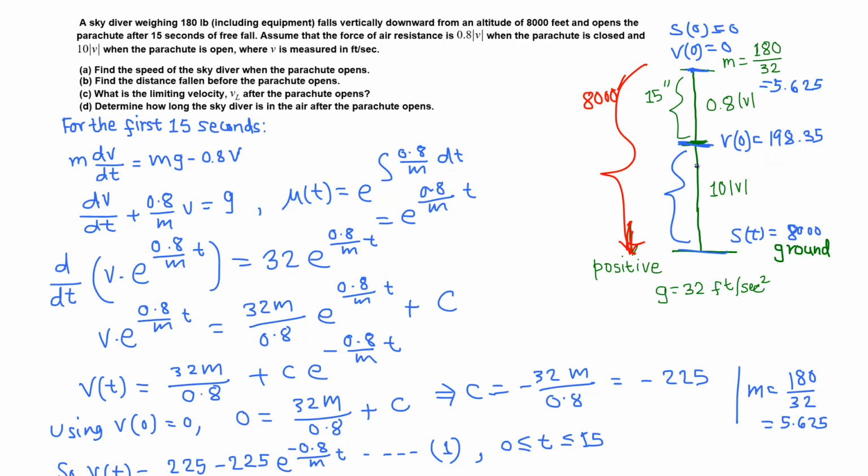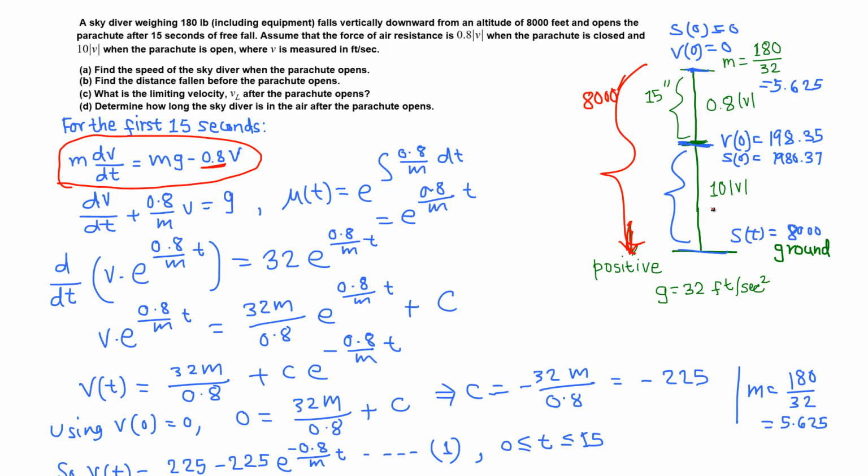That's the initial height for the second part, so s(0) equals 1980.37.